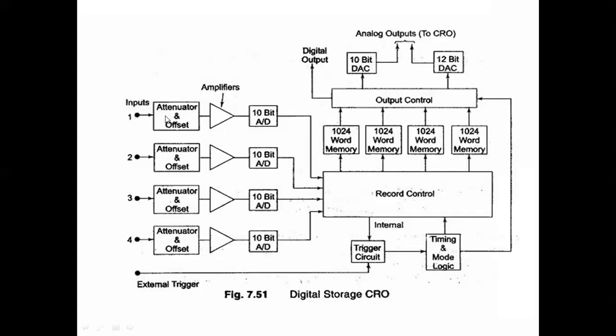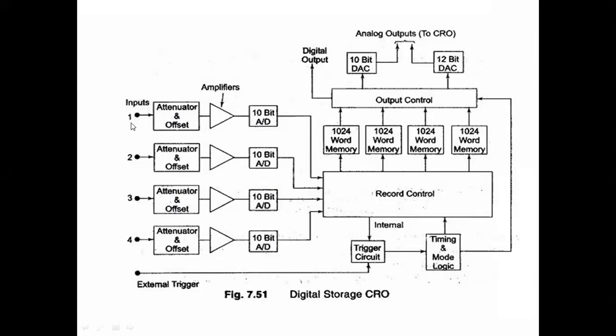For each input we have attenuator and offset, and after that we amplify the signal, and it is converted to digital form using a 10-bit ADC. Similarly, for each signal we have the same construction: amplifier, attenuator and offset, and 10-bit ADC.